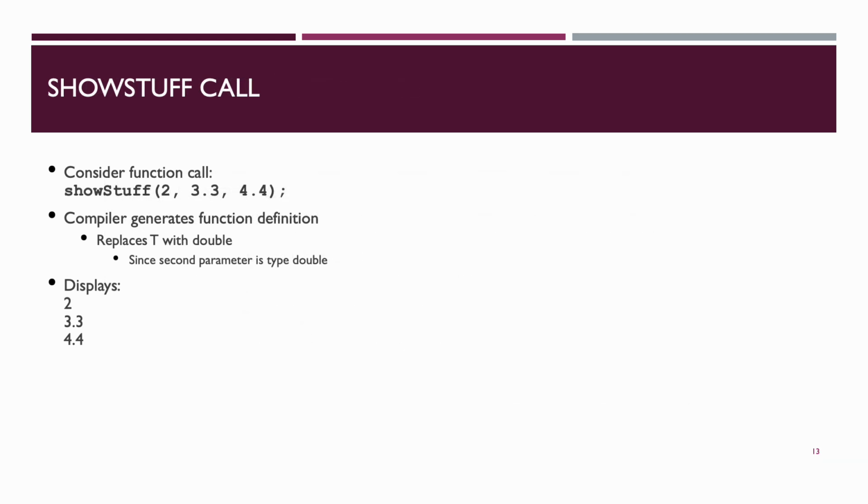Here if you see the show stuff call, when you call show stuff 2, 3.3, 4.4, the compiler generates a specific function definition where T is replaced with double because the second argument 3.3 is a double. If you see here, this is the output. It displays 2 3.3 4.4. This demonstrates how the function adapts to different types based on the template parameters.